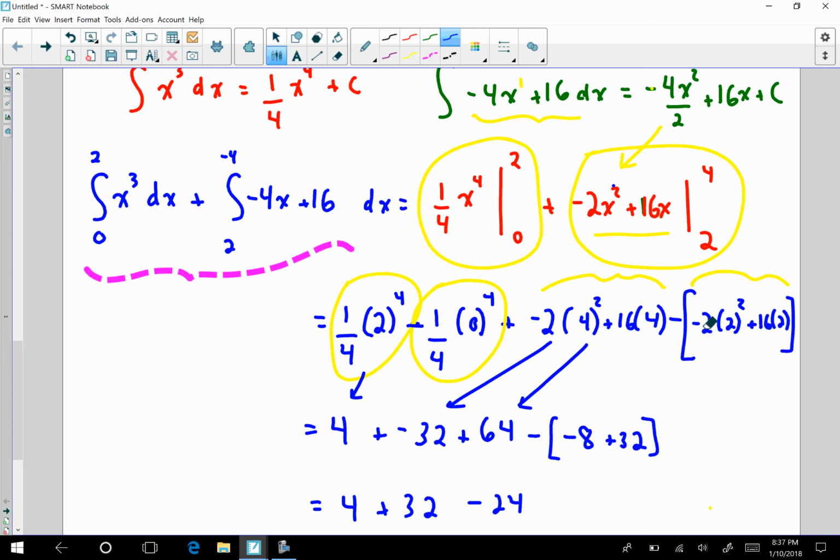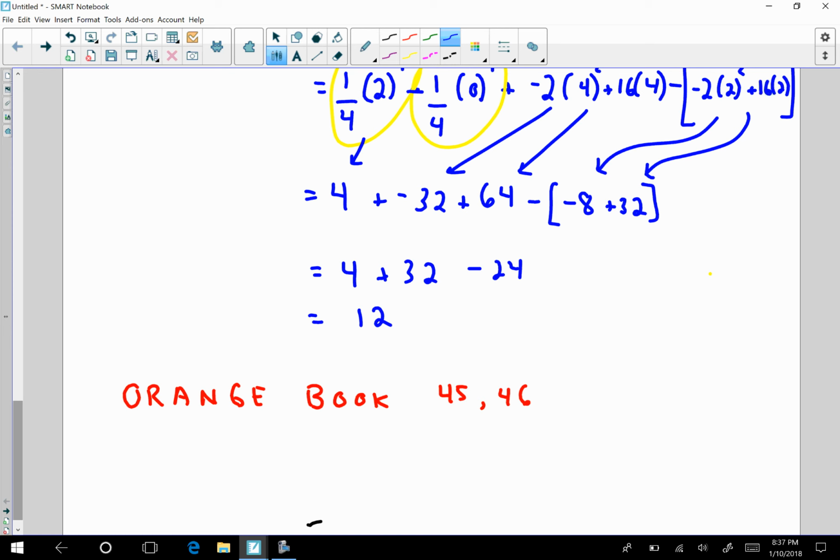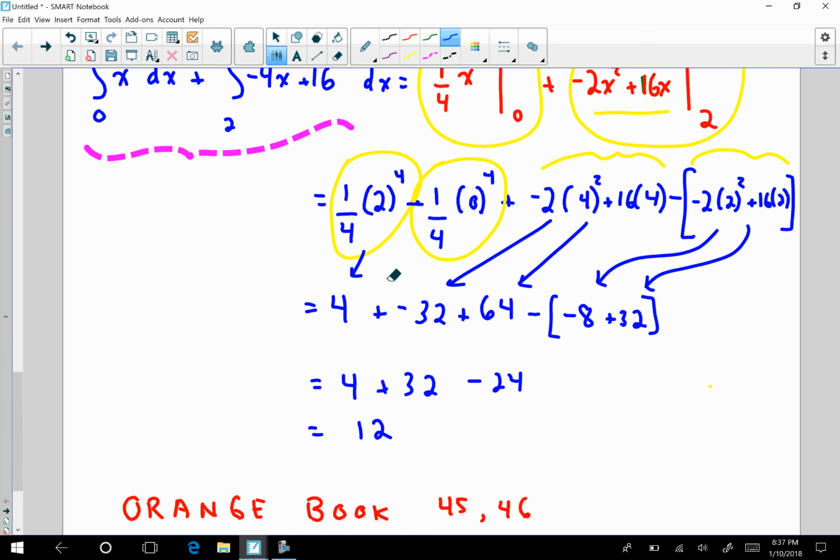Minus big bracket: 2 squared is 4, times negative 2 is negative 8. 16 times 2 is 32. You may want to check my arithmetic. This is where I am known for making arithmetic errors. It's not uncommon when you're doing this level of analytical work. It's easy to make arithmetic errors. So I have 4.